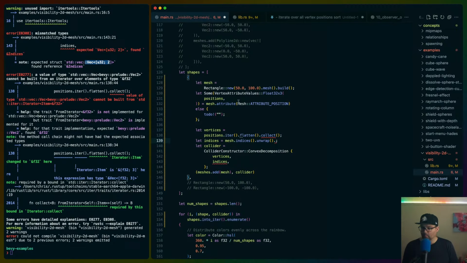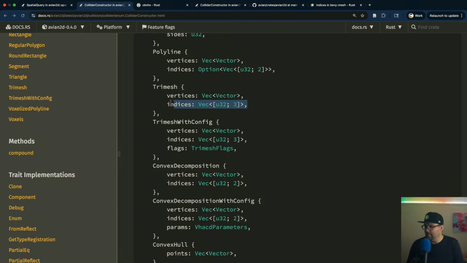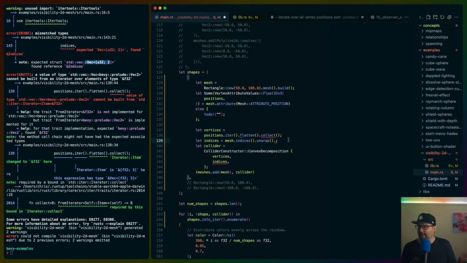Yeah. Well, the trimesh was also 2, I think. No, the trimesh is 3. Wait, so which indices do we need then? I think we're going to go with trimesh for now, because trimesh will line up with what Bevy's expectations are, and we can always change it to convex decomp later.